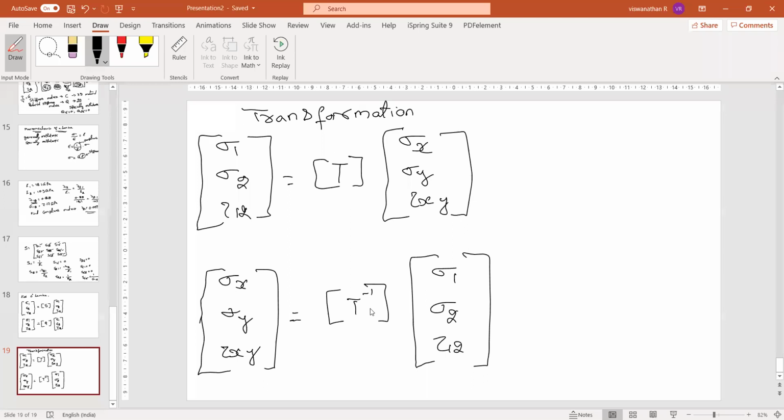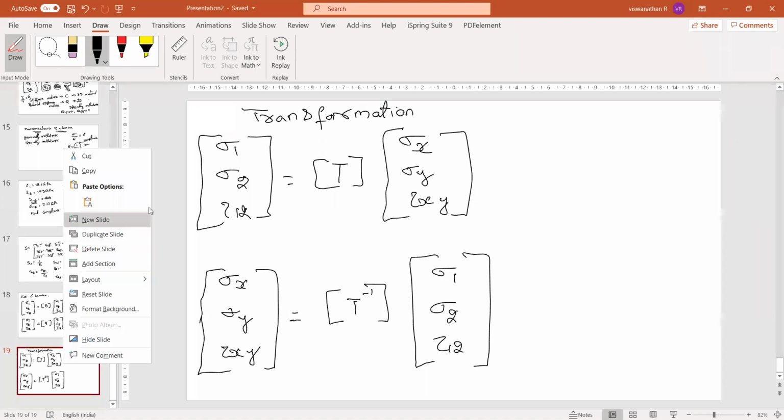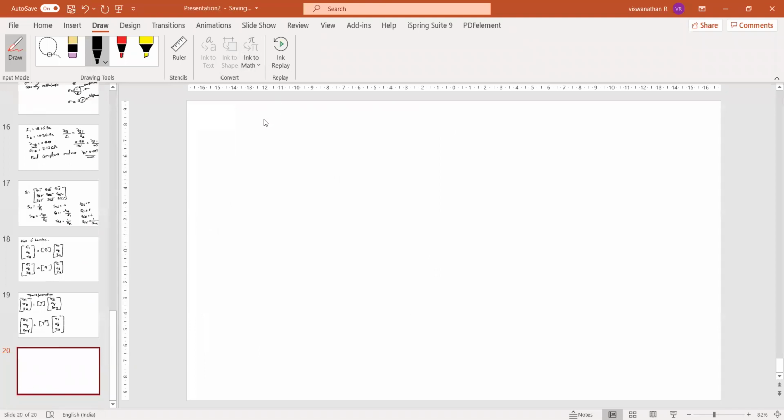Inverse transformation matrix relates global stresses with the local stresses. And the same transformation, if you are writing for strains, how will it be?